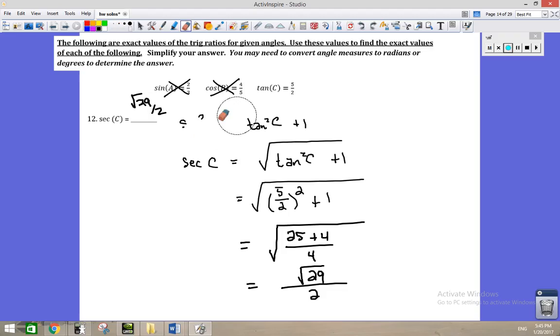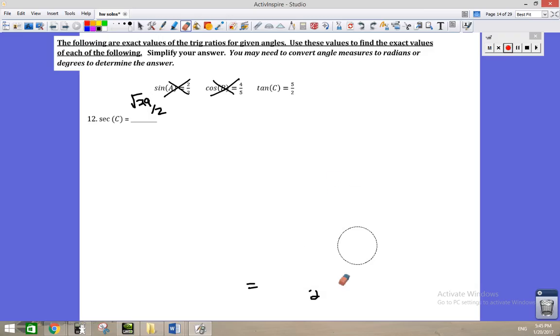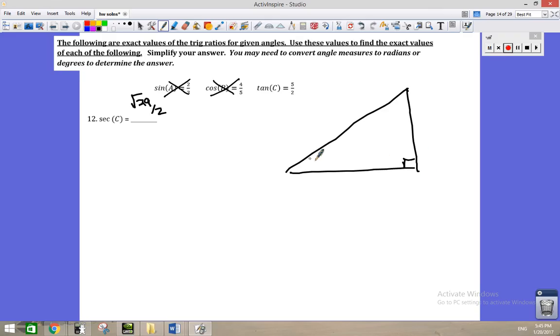Say that I am given that the tangent of C is 5 over 2, and I come in and say, well, if this is angle C, and the tangent is 5 over 2, then the length of the opposite side is 5 and the adjacent side is 2. 5 squared plus 2 squared is 29, so the hypotenuse is the square root of 29.